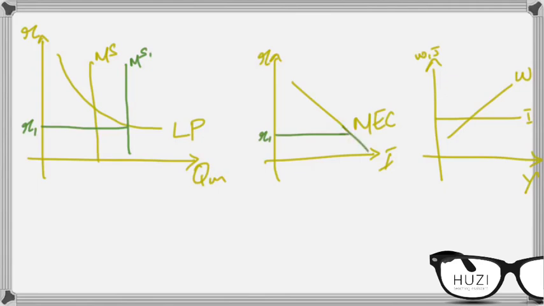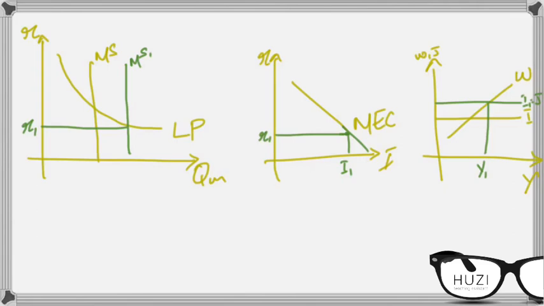Let's extend this a little. This is your new investment, I1, and this leads to a rise in equilibrium income. Let's call this Y1. Let's call this I1 equals J. That's injections.